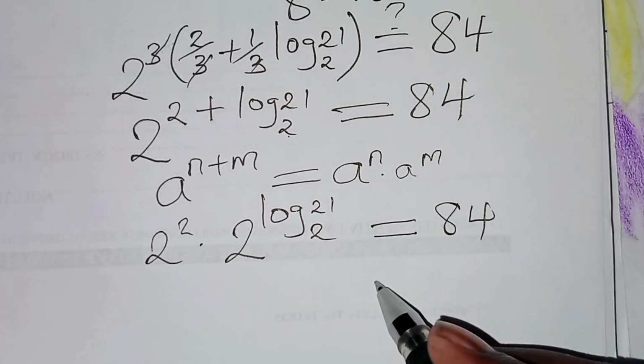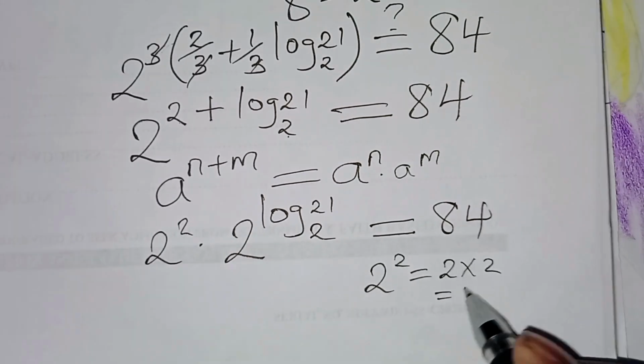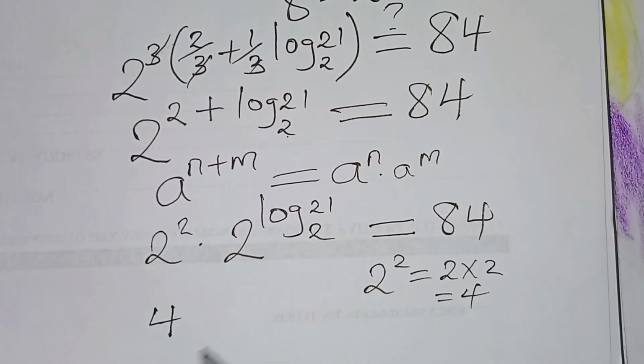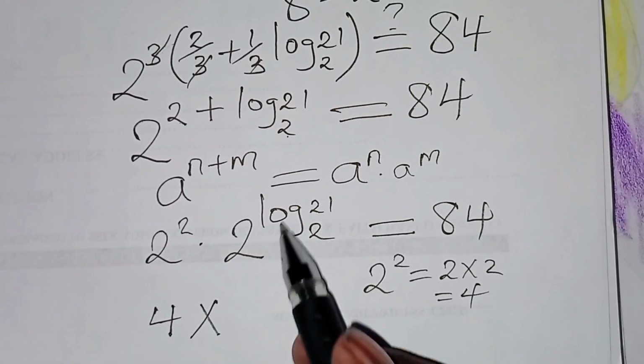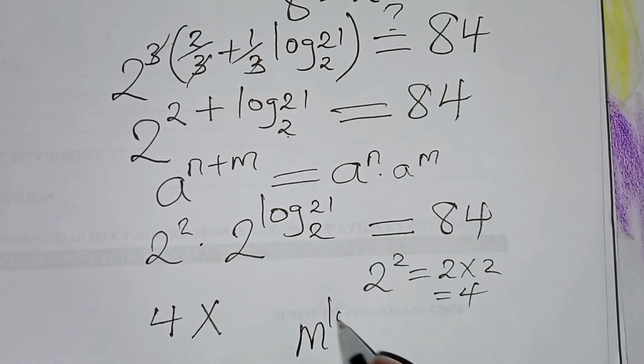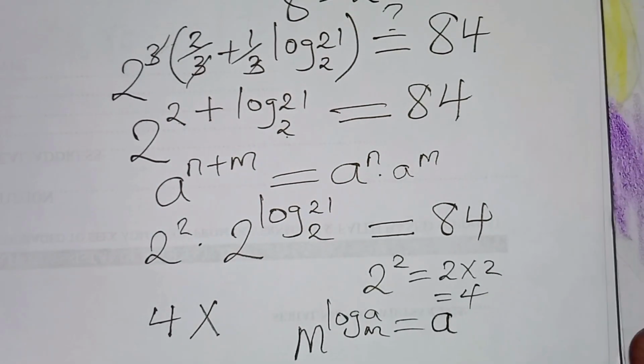Now 2 to the power 2 is equal to 2 times 2, which is equal to 4. So here we have 4 times 2 to the power log 21 to base 2. This is in the form of m to the power log a to base m, which is essentially equal to a.